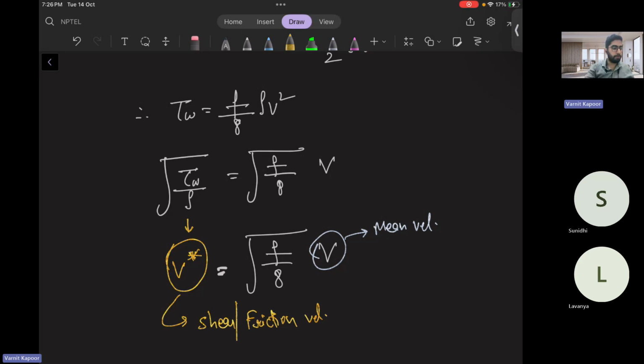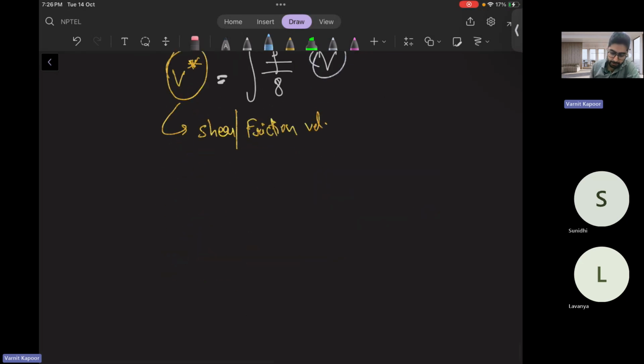Now we come to the concept of hydrodynamically smooth and rough surfaces for both laminar and turbulent flows. As I have said, in turbulent flow transition zone, there is a laminar sublayer thickness. So for a laminar flow, it is independent of whatever the surface roughness is. If the surface is very rough or little rough, it doesn't matter. Laminar flow will always be independent of the surface roughness. Whereas the turbulent flow depends on the roughness of the surface, whether it is a smoother surface or a rough surface. Let us write this.